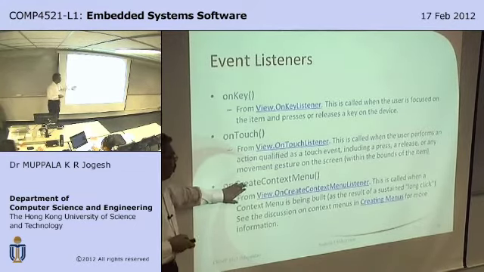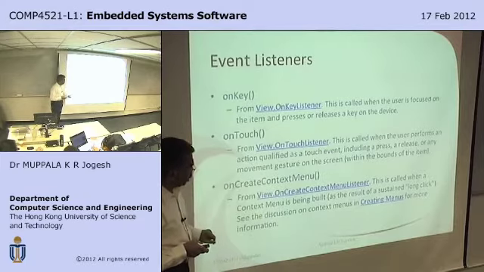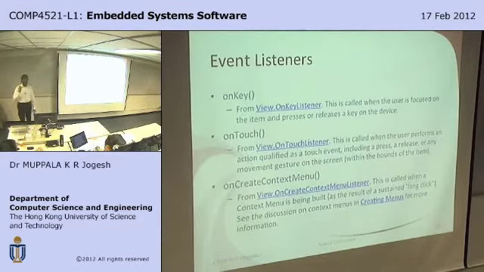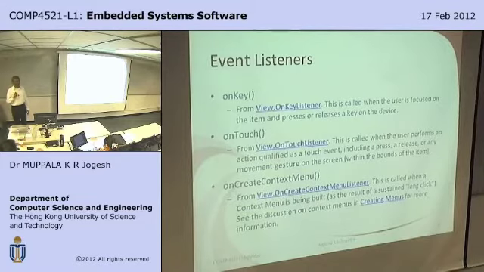Again, there is one more called OnCreate context menu. This particular one will be invoked when the menu button in your device is clicked. Now, with Android devices, they always have a menu button, or at least an on-screen menu button in there. Like, for example, this one has a menu button in here.